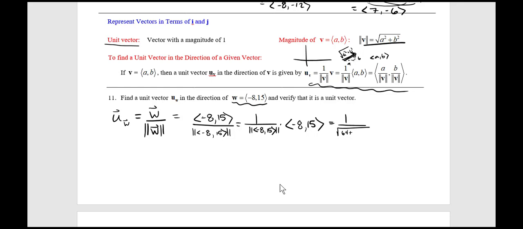What is 15 squared? I'll give you a second to calculate. 15 squared is... Let's see, what does this come out to? I actually haven't calculated the final answer here. In that root, it looks like I have 289, which is the square of 17.